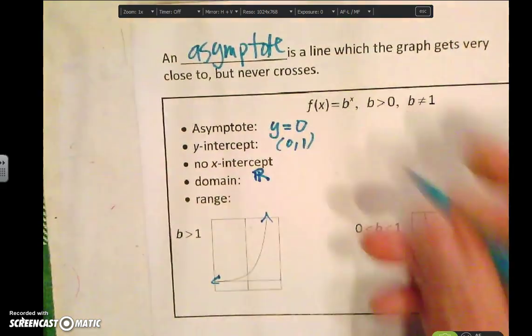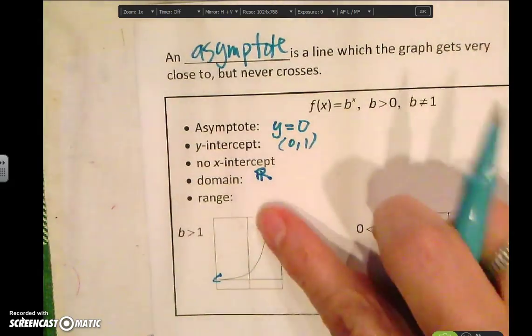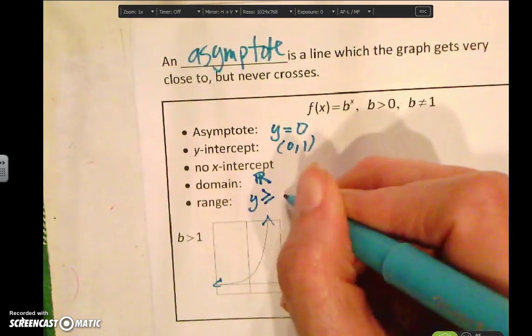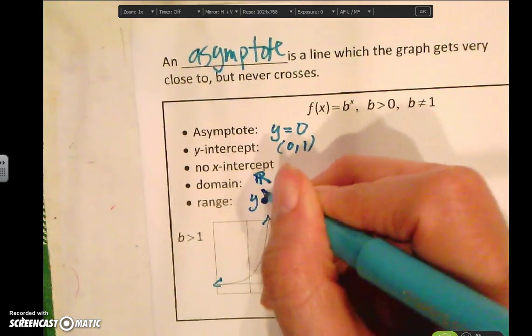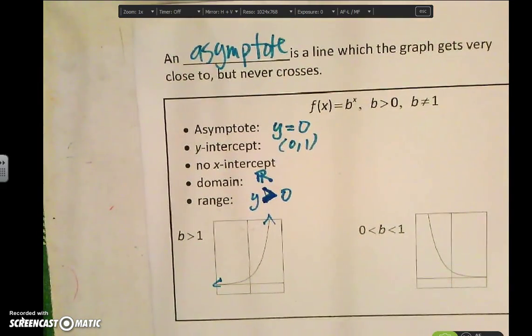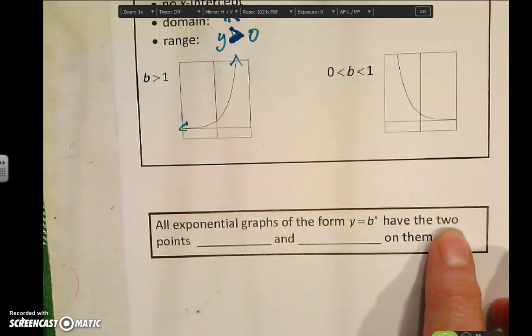So I'm going to put the R there for all real numbers. But the range is always above the x-axis for both of them. So we'll say the range is y greater than 0.